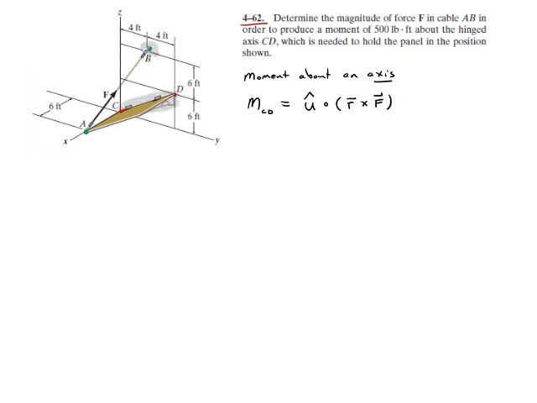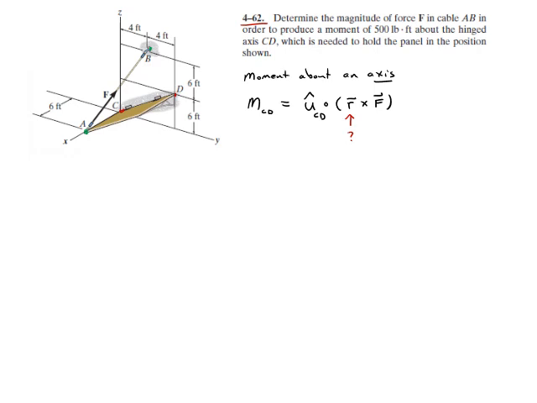So this thing here is the usual moment, right? But then I have to project it onto a particular axis. The u hat is defined by the axis, so I need CD here, and then r cross F. F is pretty clear, it's the force that goes from A to B. The question is, what r do you use here?